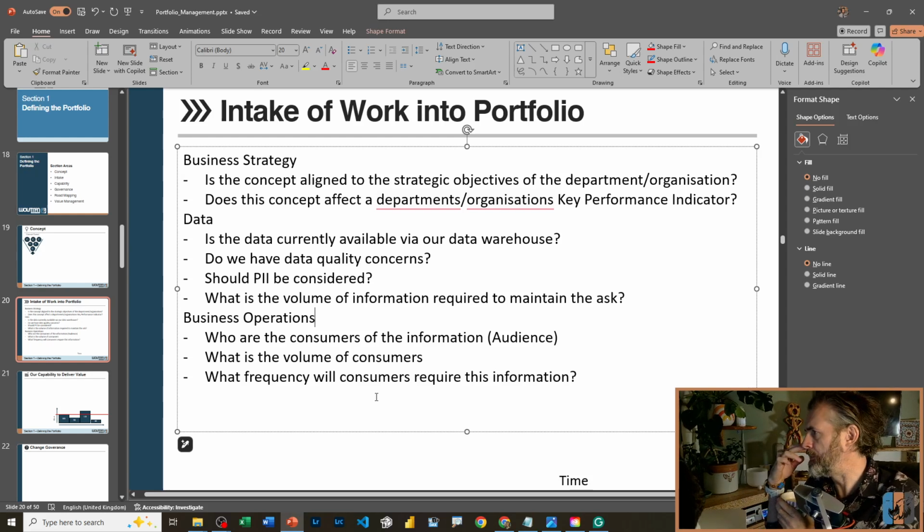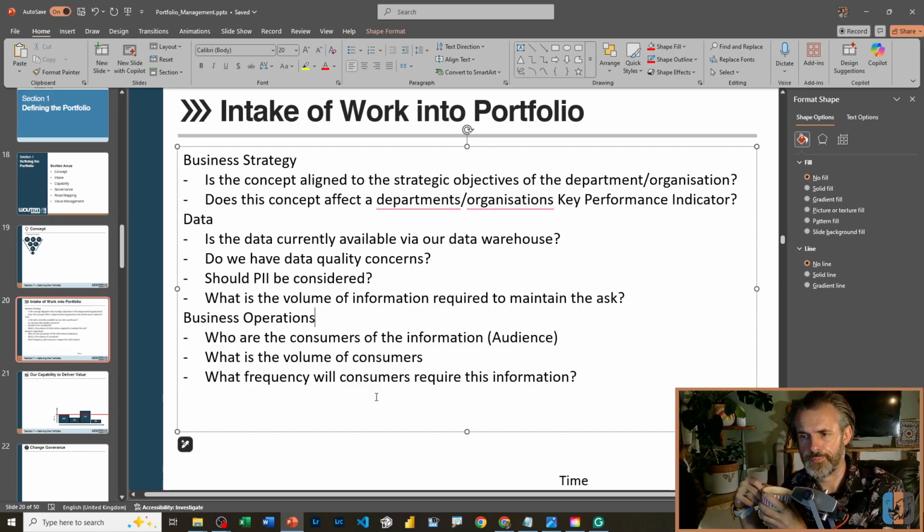If it was just for the CEO, then you've got one person looking at it, say, once a month. It's very important that it's accurate and it's ready on time. But in terms of load on the server, it's virtually non-existent.